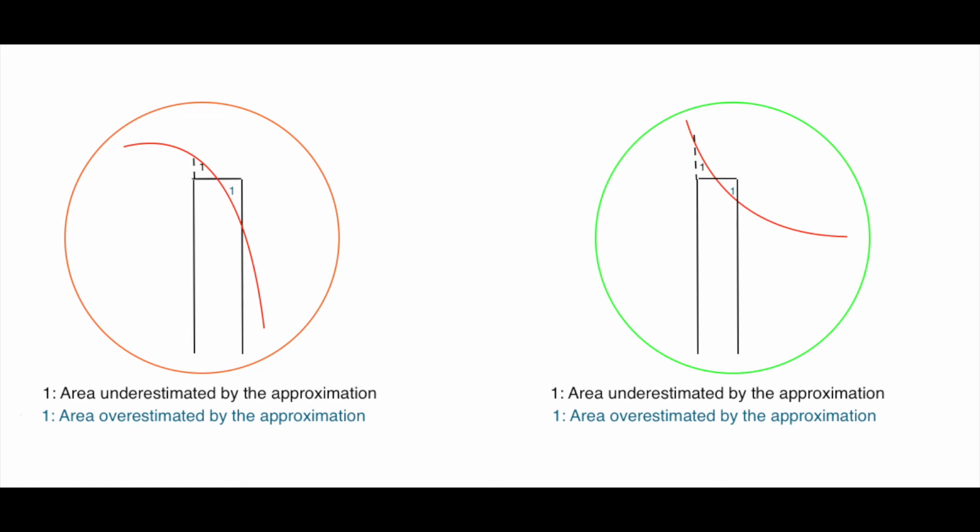This is because the excess area calculated, shown by the blue number 1, is greater than the area under the curve which the approximation fails to calculate, shown by the black number 1. The net error, therefore, is positive, and we overestimate the area under the curve. Conversely, when the tangent slope increases, as seen in the right image, the area overestimated by approximation is smaller than the underestimated area, so these regions will result in a net error which is negative.